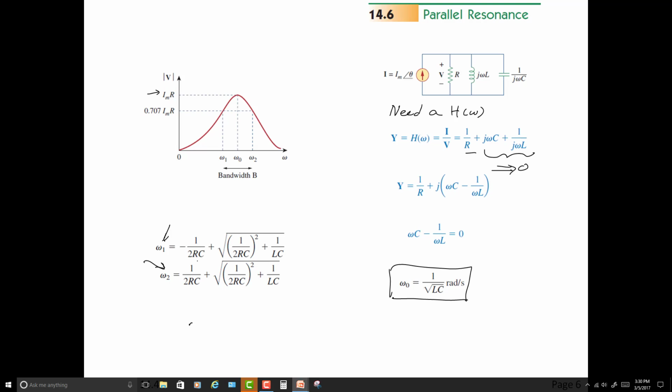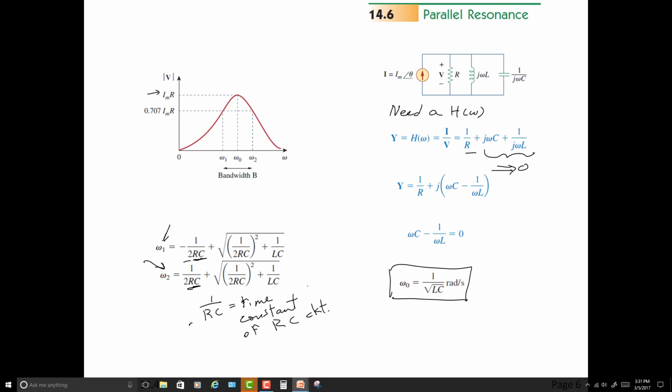What's been substituted now? Everything is in terms of RC, right, instead of RL. And don't you recognize how similar? Remember, 1 over RC is equal to the time constant of an RC circuit.